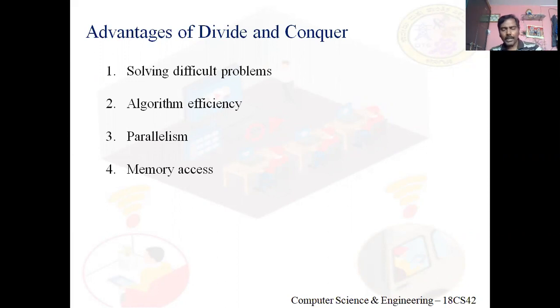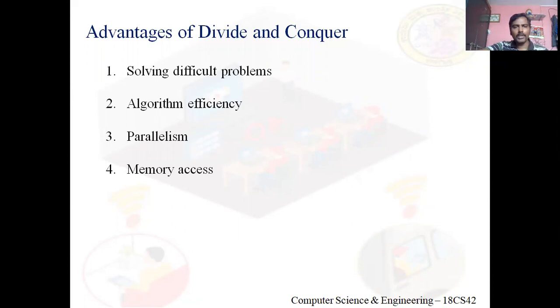Now, memory access. In the divide and conquer strategy, a problem is divided into several sub-problems. You might observe that in some cases sub-problems are repeated.